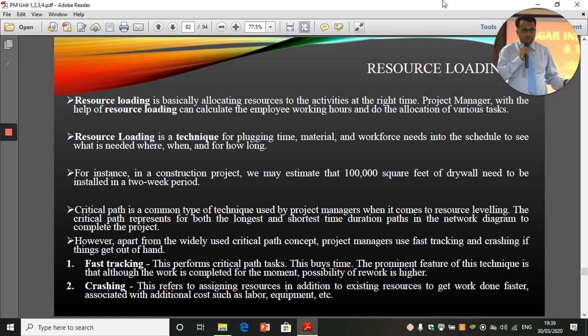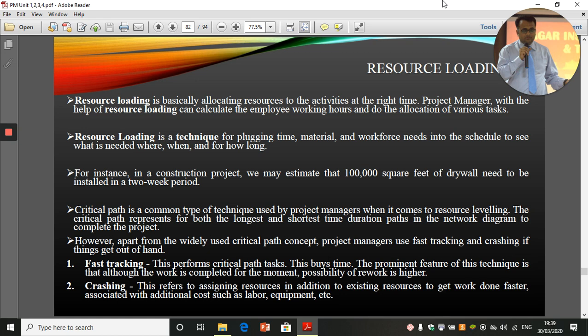The prominent feature of this technique is that although the work is completed for the moment, the possibility of rework is higher. Crashing refers to assigning resources in addition to existing resources to get work done faster, associated with additional costs such as labor, equipment, etc. So in fast tracking, you buy time.